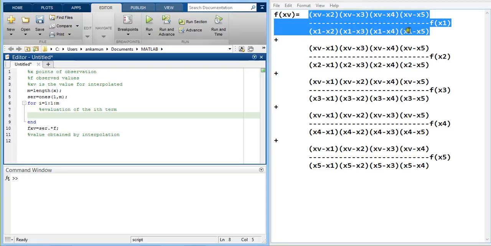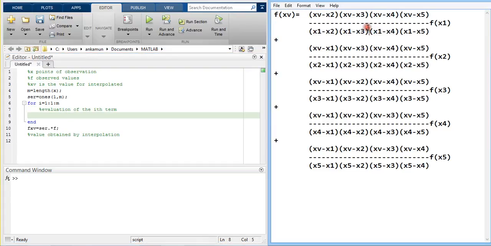Next, if we observe this very term, what we will observe is, in the numerator, xv is a constant occurrence. In the denominator, the ith term of x is a repeated occurrence.